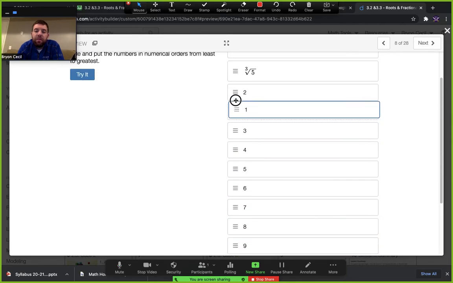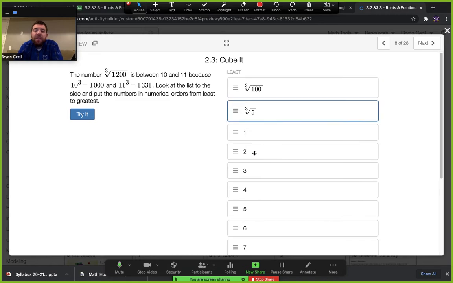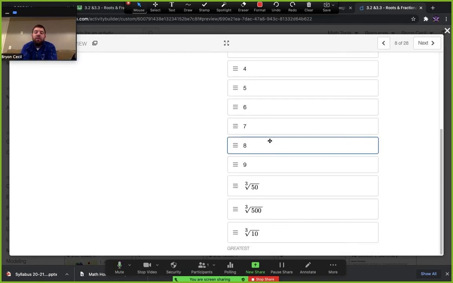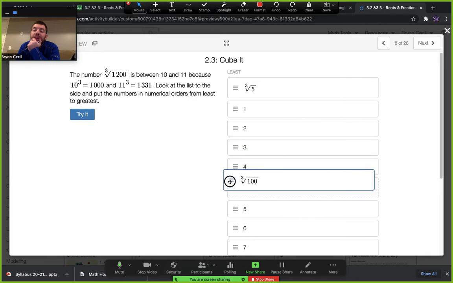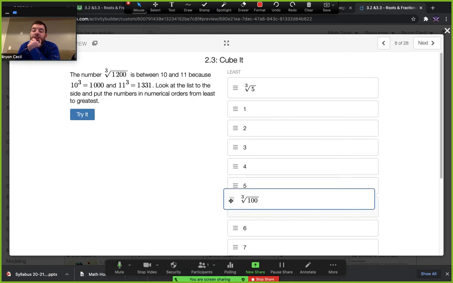Now I've got to fit these rascals in with these whole numbers. I've got 1 through 9. So, cube root of 100. If you go back to slide 1, and hopefully you wrote that down, I look at my cubes and see what's in between 100. Well, 4 cubed is 64, and 5 cubed is 125, so this has to be between 4 and 5.